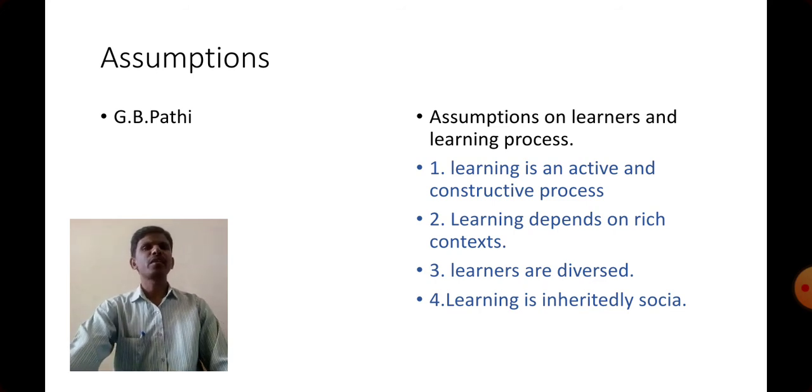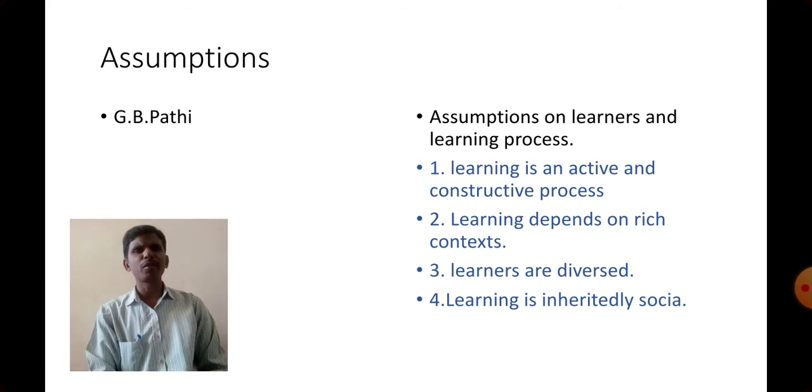The third assumption is that learners are diverse. In the group, all the members won't have equal skills, knowledge or intelligence. So all the learners won't be similar or uniform in knowledge, intelligence and skills.